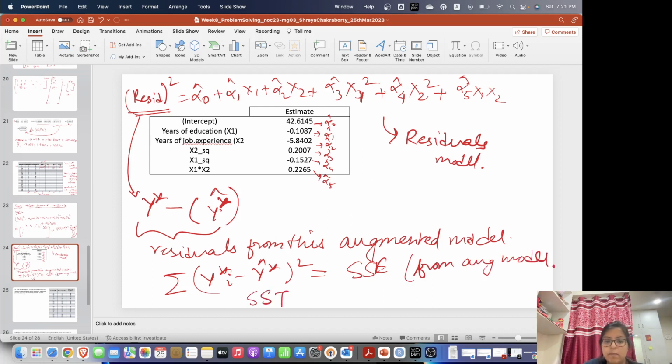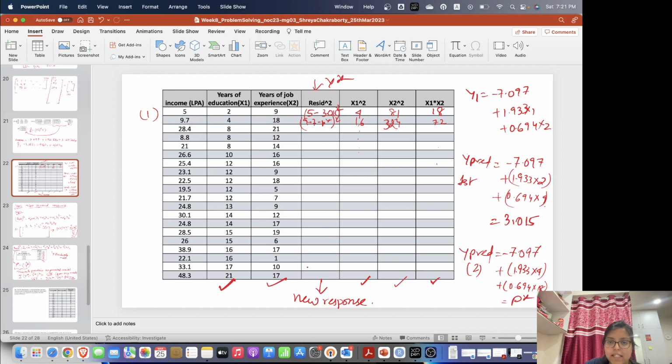Also we would get the sum of squares of total, that is summation of yi star minus yi star bar, the mean, from the augmented model. What I am saying is that this column is now my y star.